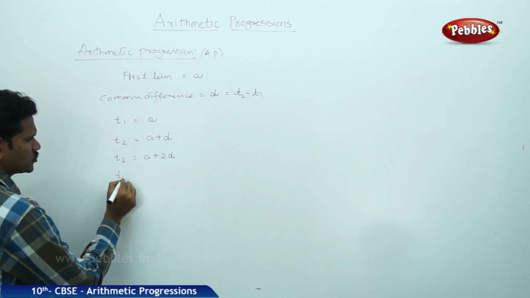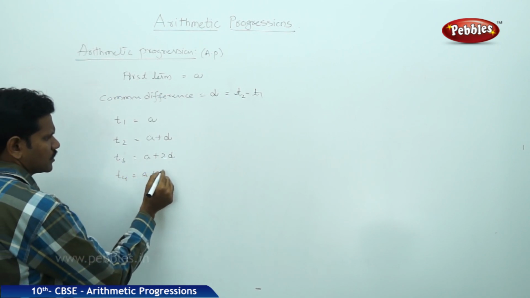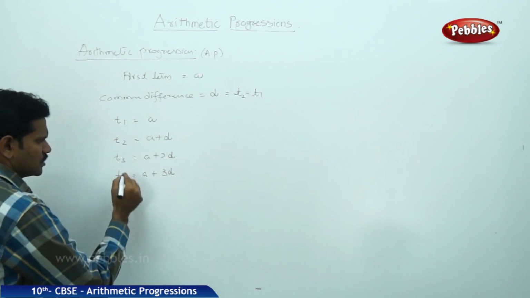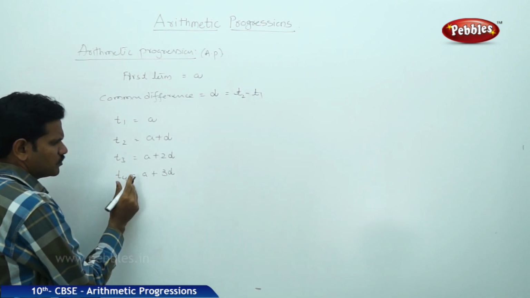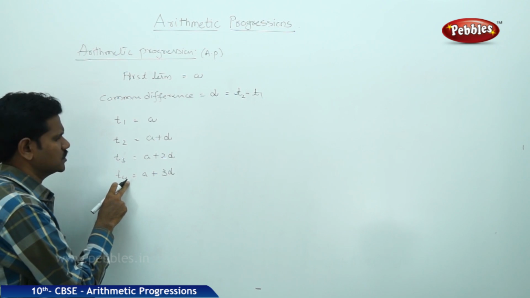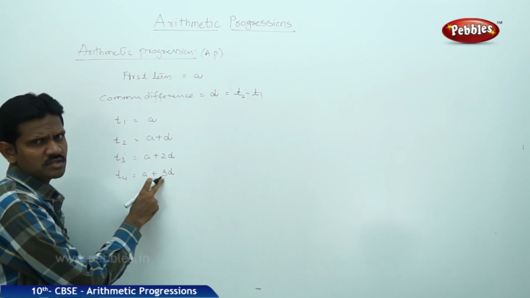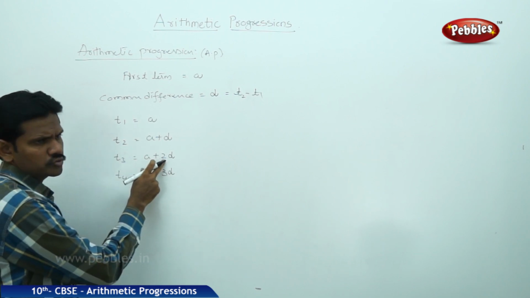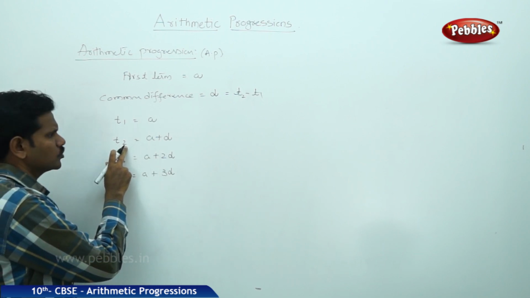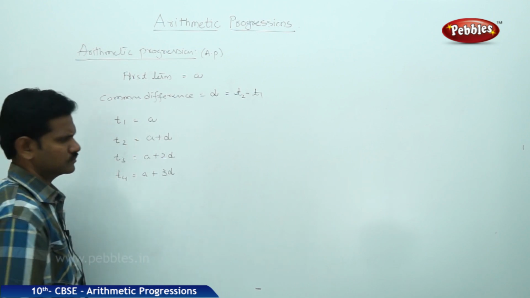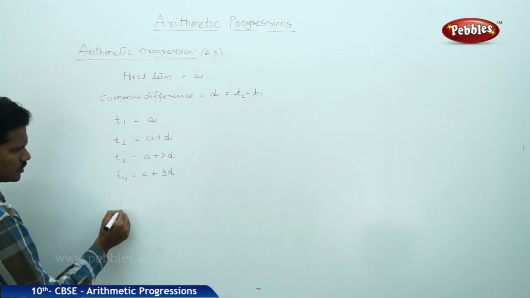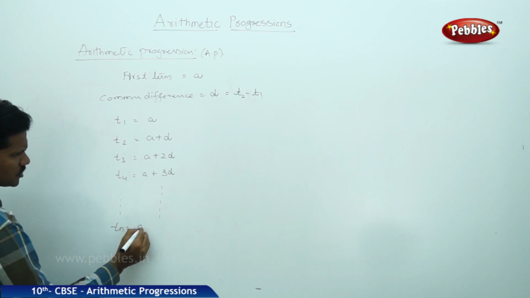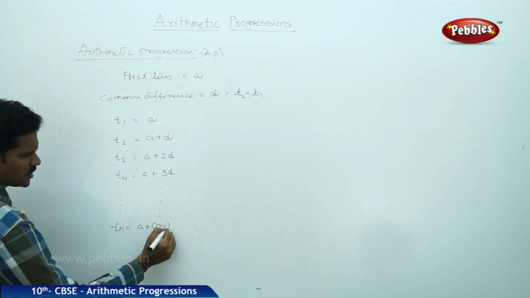To represent the fourth term, the formula is A plus 3D. That is, for the fourth term, 1 is reduced, 4 minus 1 is 3. If it is the third term, 3 minus 1 is 2. If it is the second term, 2 minus 1 is 1, and so on. The nth term, Tn, is equal to A plus n minus 1 into D.